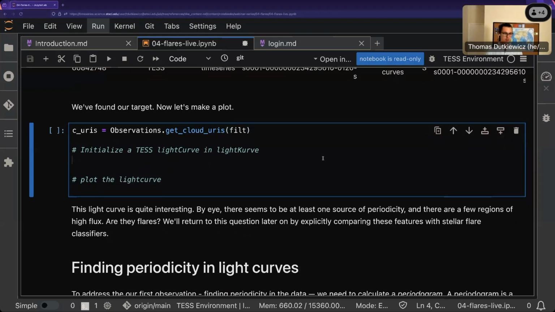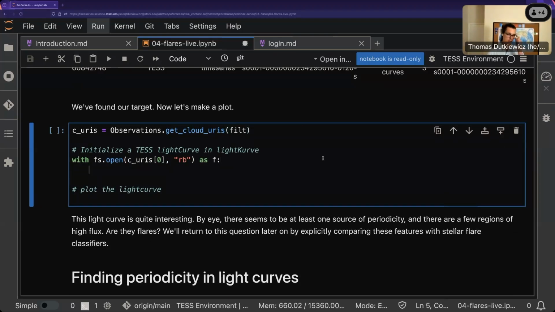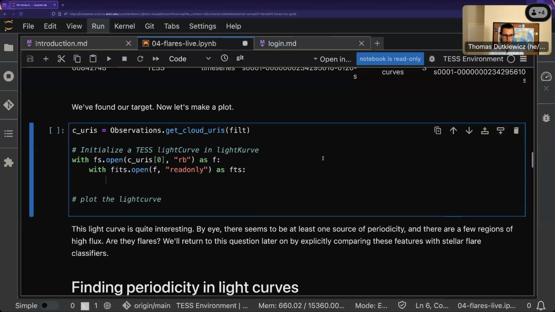Anyway, let's open this cloud URI using with fs.open. URIs, here comes the weird 0 indexing. Okay, we'll read binary, that's f. Okay, we've got the cloud file handle open. Now with fits.open, pass in that cloud file handle as a read-only option as hdus.